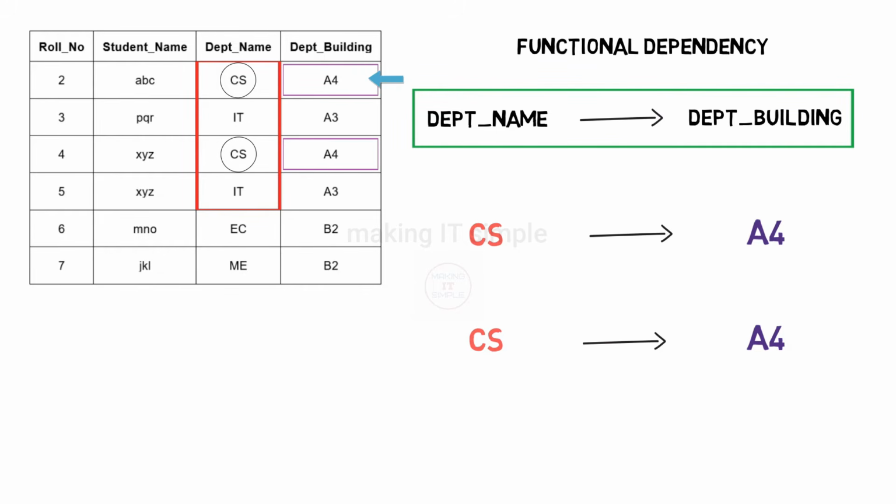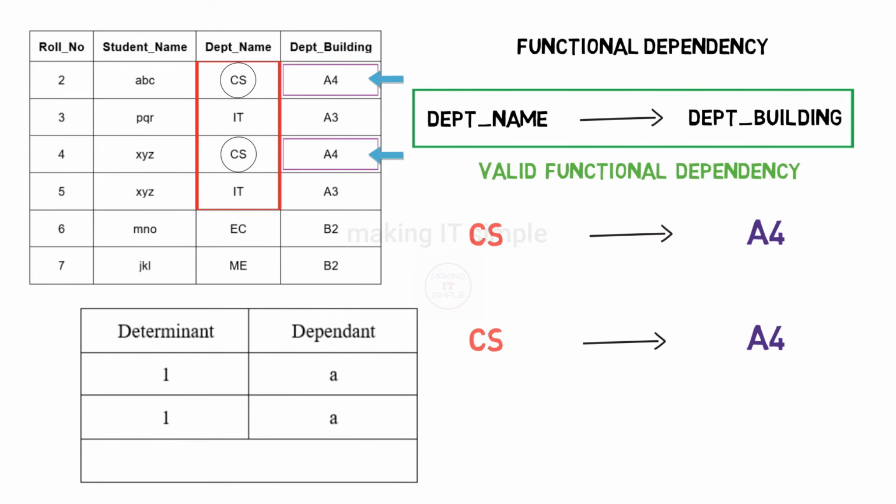If you check this tuple, your answer will be A4. If you check this tuple, still your answer will be A4. There is redundancy in data, but the data present in relation is correct. So this is a valid functional dependency. So in a case where there are same determinants and same dependent values, it is a valid functional dependency case.